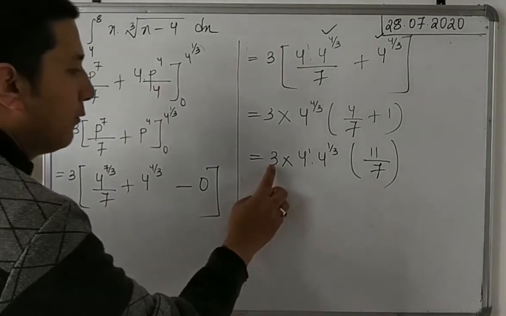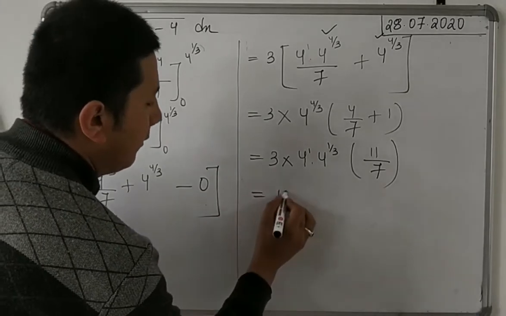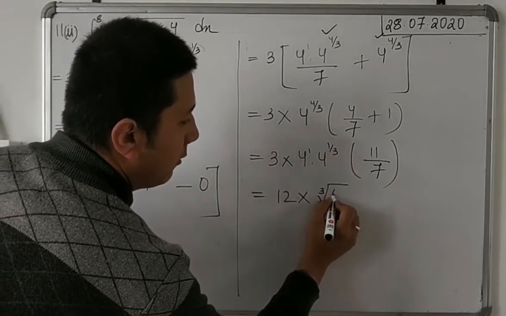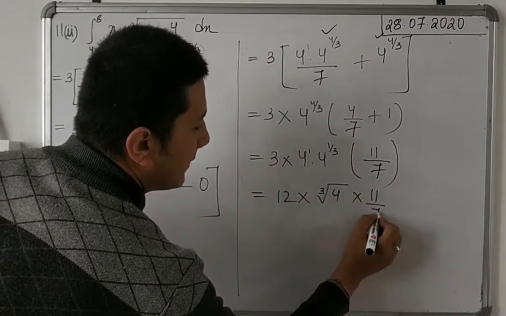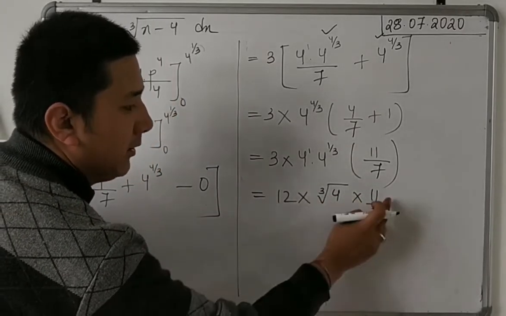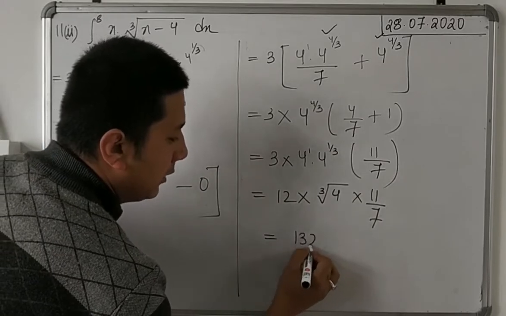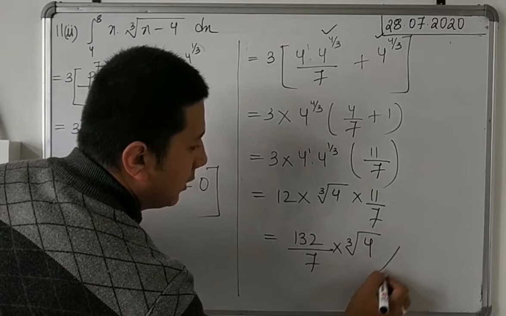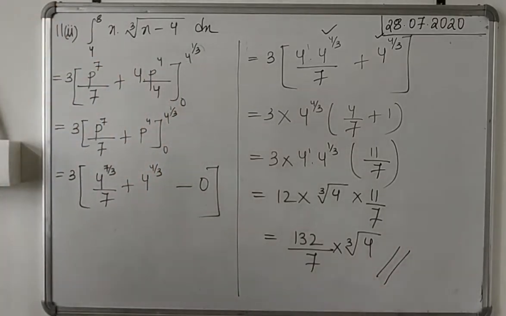So now, 4 3s are 12 into 4 to the power 1 by 3, this is cube root of 4, and into 11 by 7. Just multiply 11 into 12 is 132 divided by 7 into cube root of 4, which is your final answer. So pause the video and note it down.